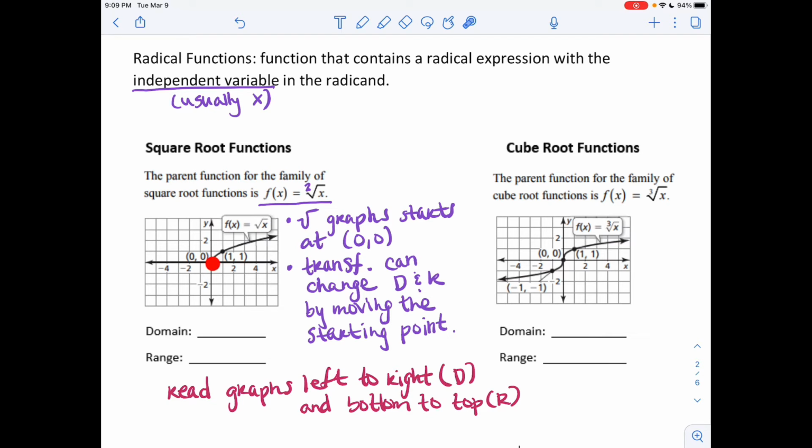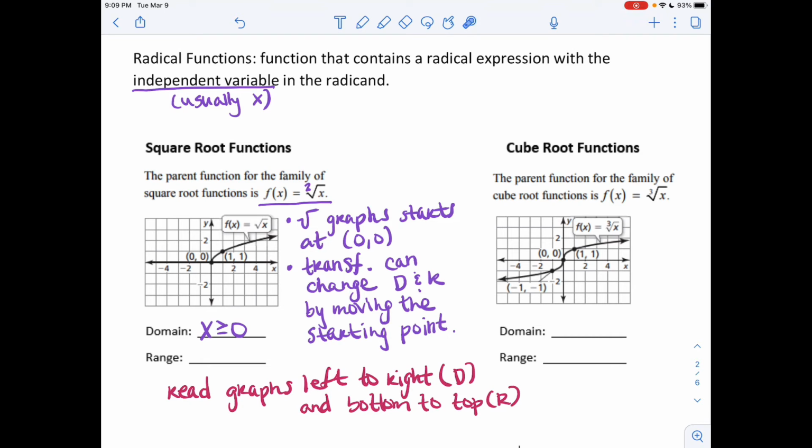But once we get to 0, we can see that it continues on because this arrow is going generally to the right and up at the same time, so up and to the right. So our domain is going to be that x is greater than or equal to 0. X will not be less than 0 for our square root parent function.